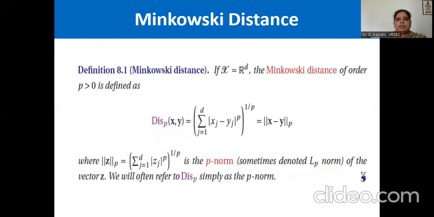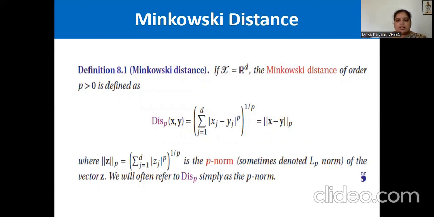Then what are the different distance measures we have? The generalized distance measure is called the Minkowski distance of order P. This Minkowski distance is used if the instance space X is represented in terms of real numbers. That is, if your instance space is represented with continuous attributes, then the distance calculation can be done by using this Minkowski distance.